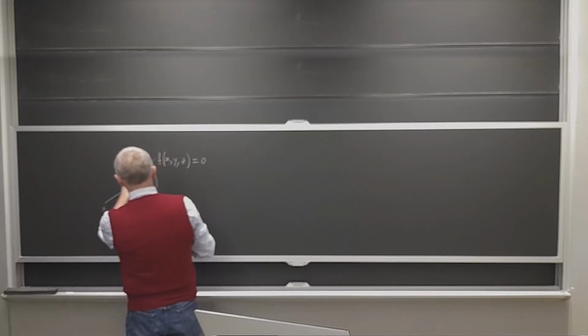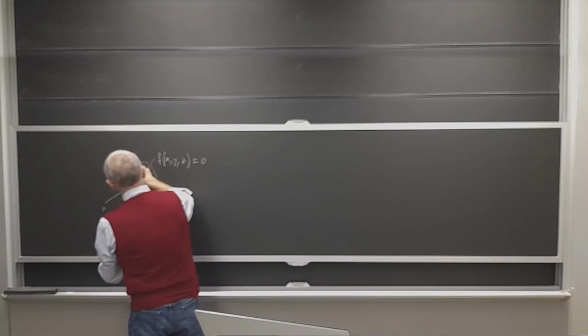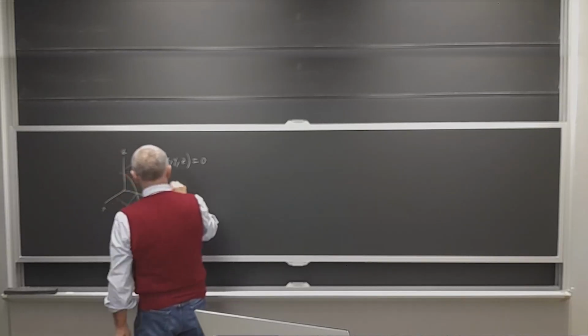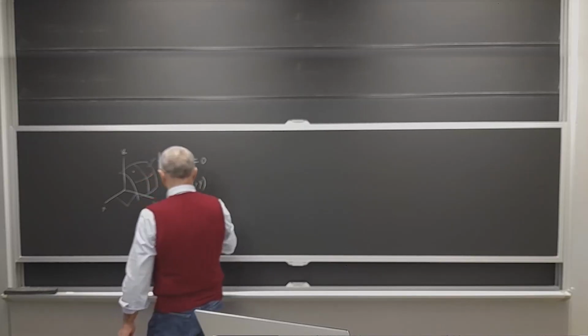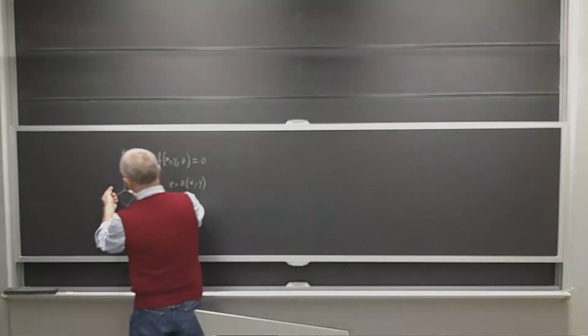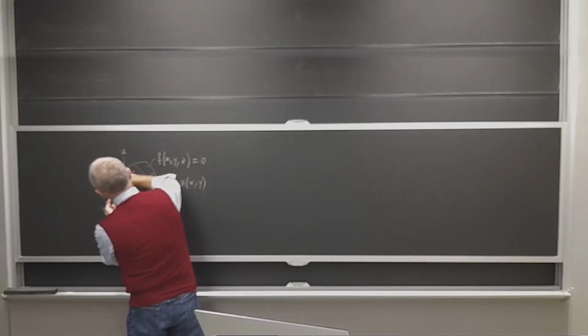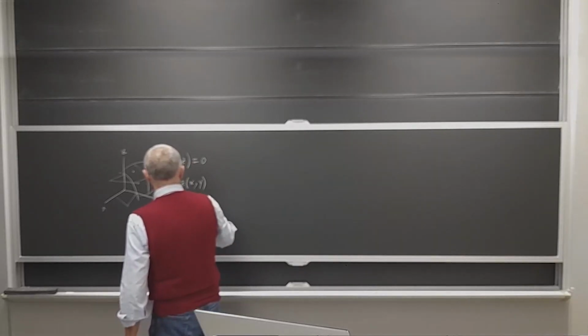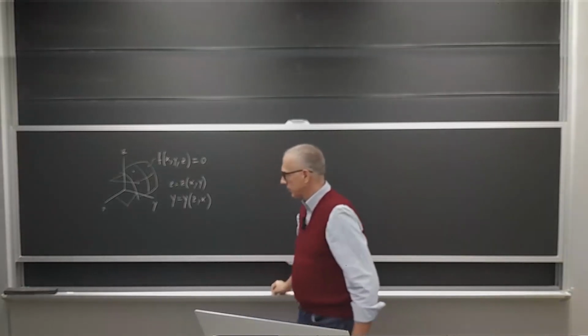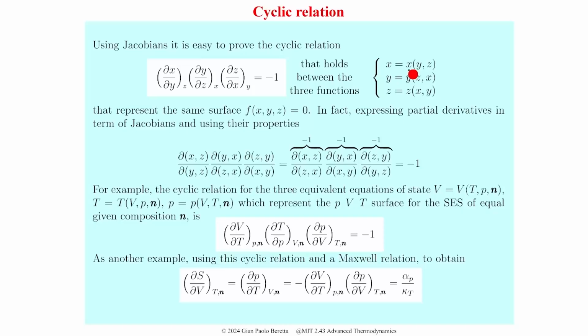Okay, so for every x and y, I have a value of z, so I can view it as a function of x, of z as a function of x and y. But I can also view it from here. So I fix x, I fix z, and that gives me a y. So that's y function of z and x, and so on. Okay. So these are alternative ways of representing in thermodynamics.